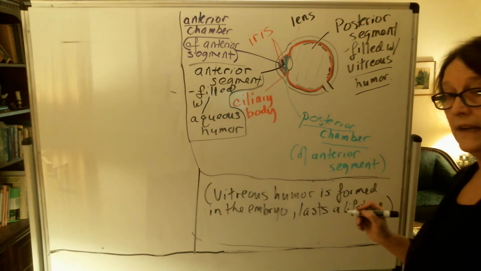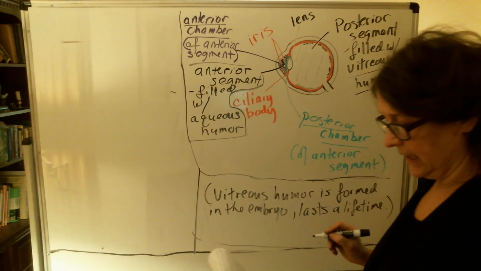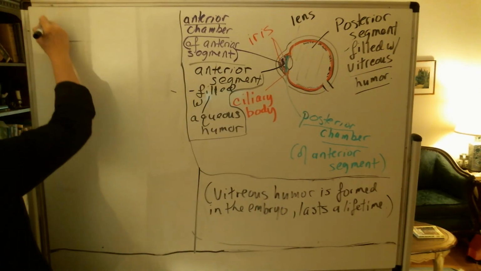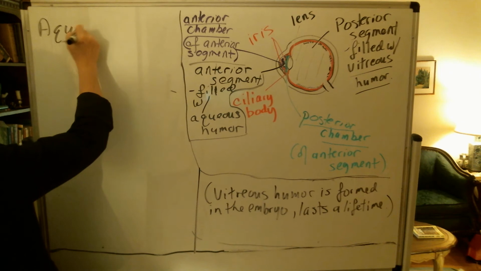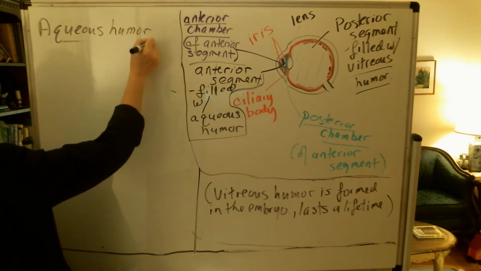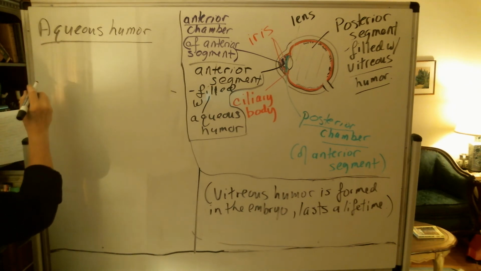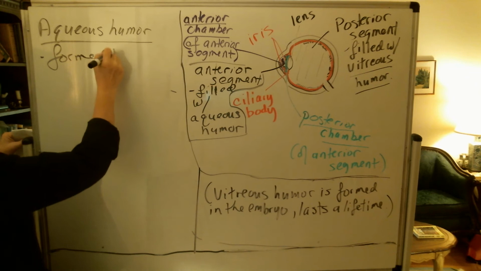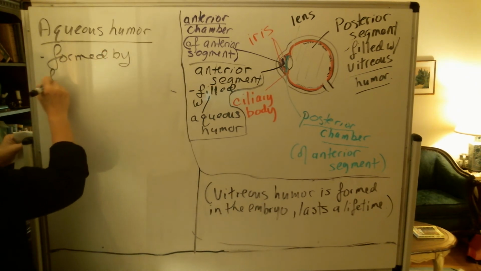So once you've got it, that's the vitreous humor you're going to have. By contrast, the aqueous humor then is formed by filtering blood.